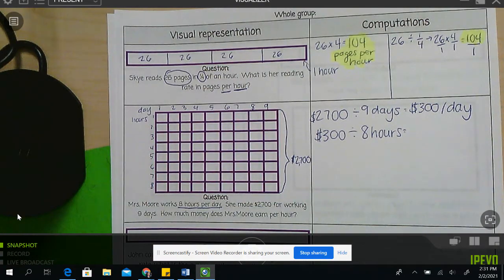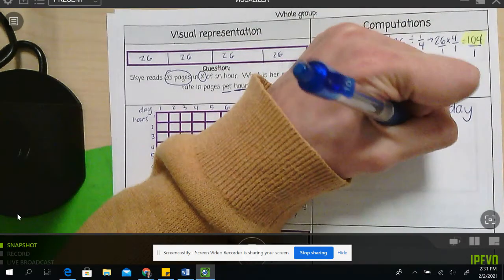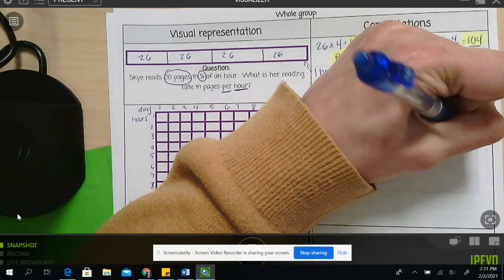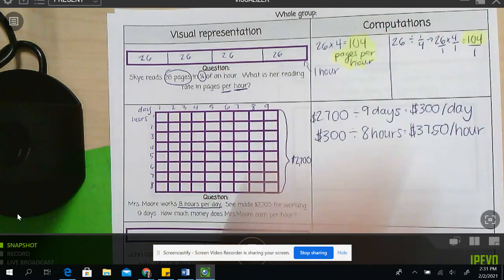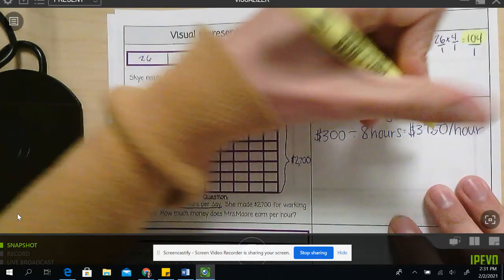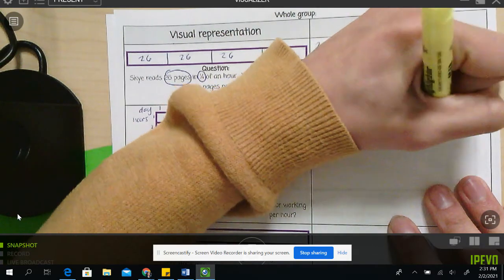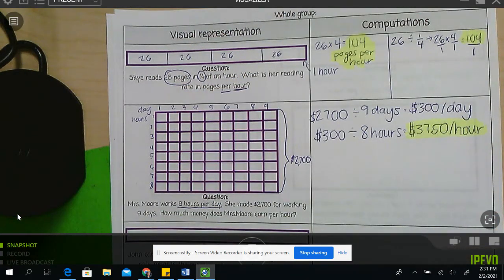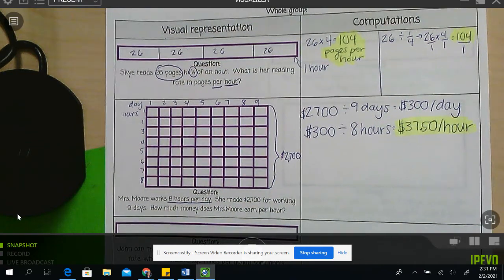When we do that, we get $37.50 per hour. So again, we just have to think about what makes sense, how do we need to divide it so that we can get our answer. So take a minute and make sure you have all of that.